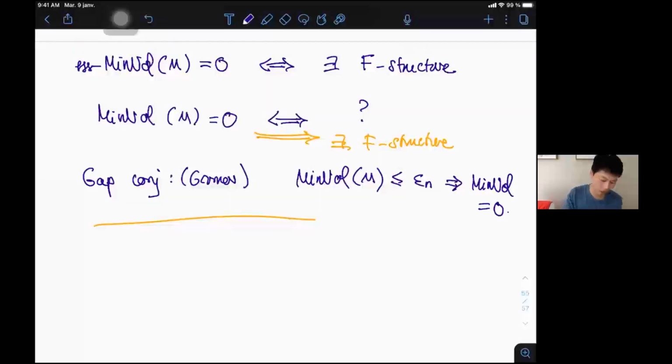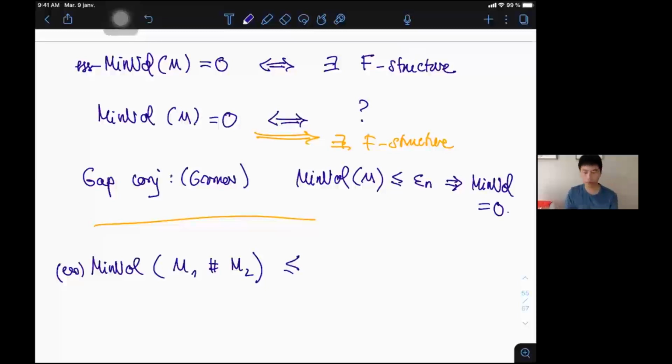It's not optimal. So, for example, if you look at the minimal volume of a connected sum, you have this natural bound that you would expect, which is the sum, and you have some error term.